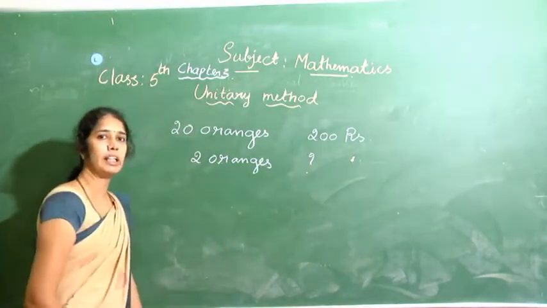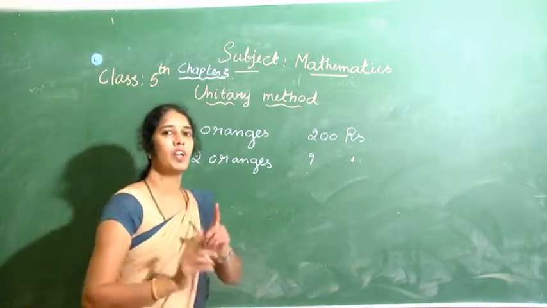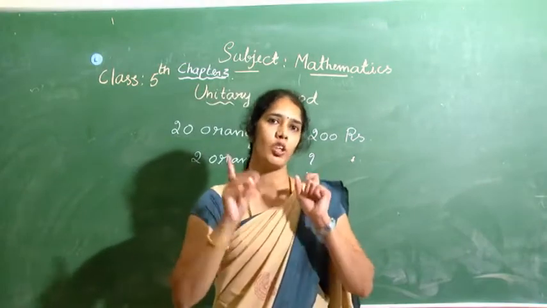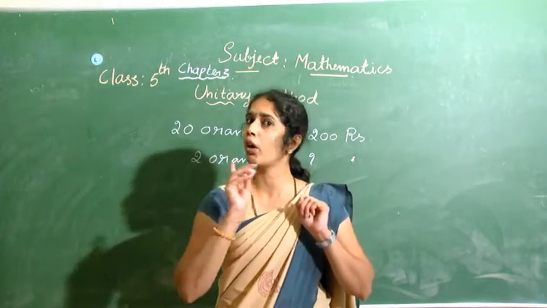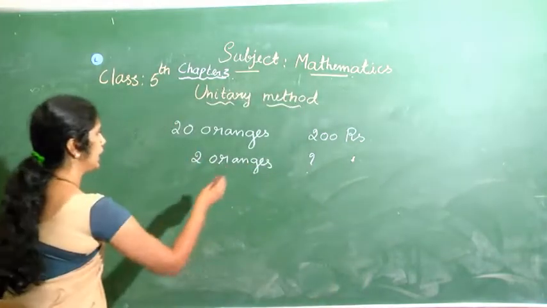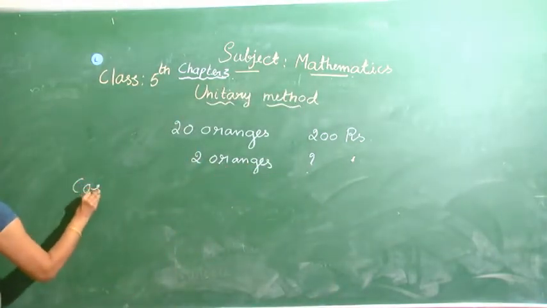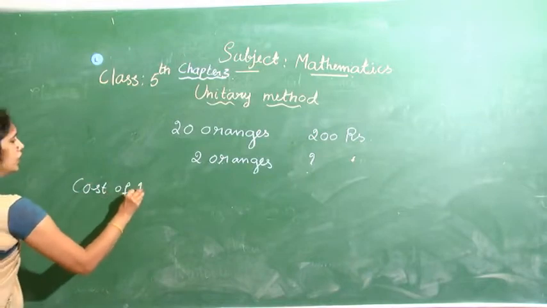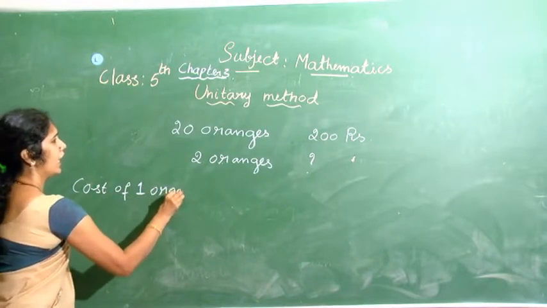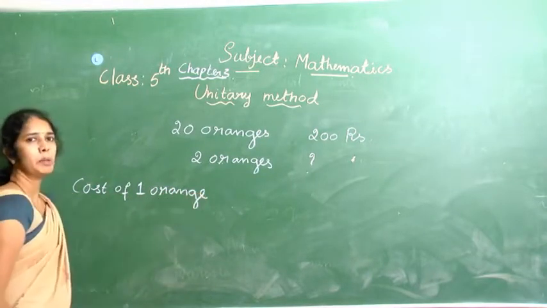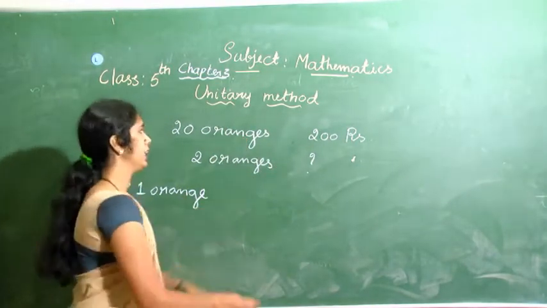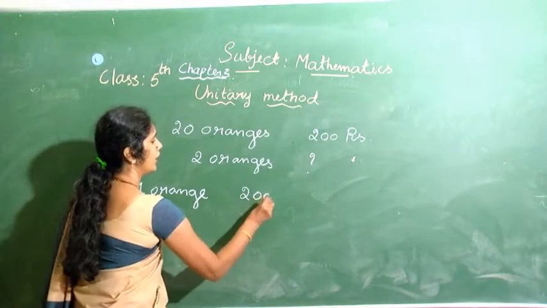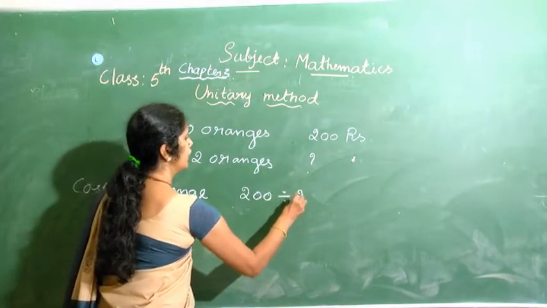How can we find it? For that, first we will find the cost of 1 orange. Did you understand? First we find the cost of 1 orange, by dividing 200 by 20.